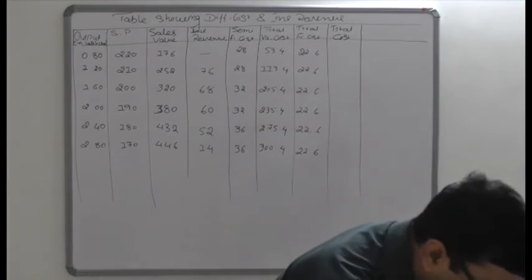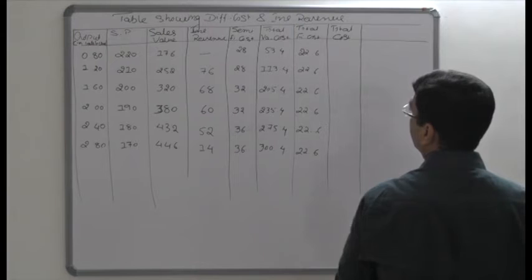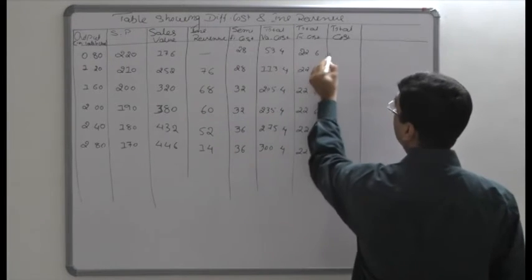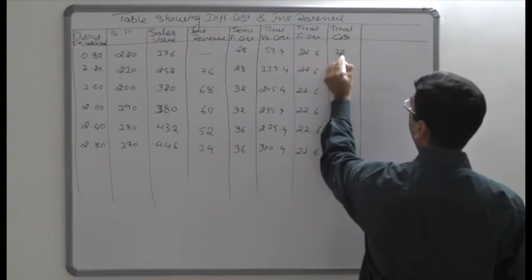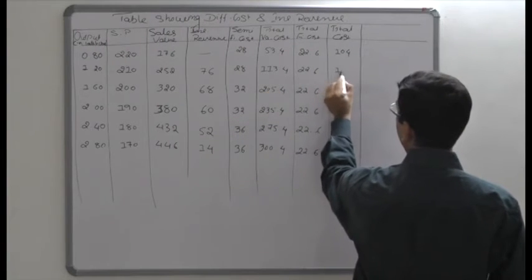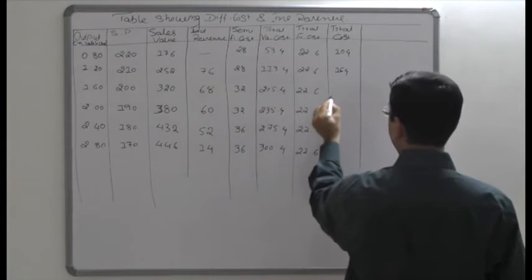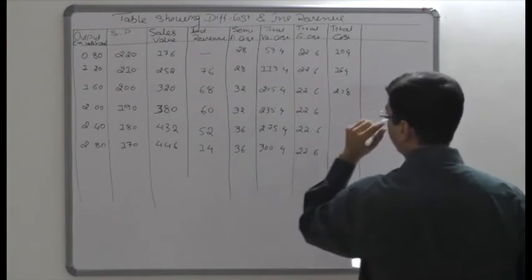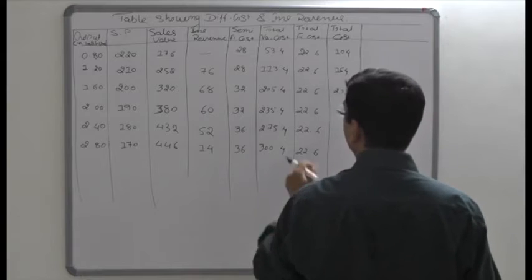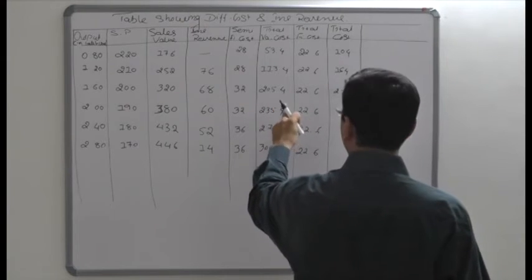So we have the total cost. I'll just try to work it out here. The first total is 104. The next total is 164. Then the total of these three comes to 208. Sorry, the total variable cost here is 153.4.